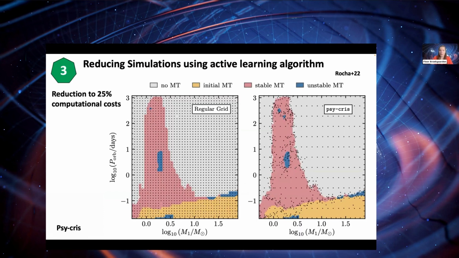Now, more work to speed up our simulations is being done by Rocha et al. 2022, which I think was a very, very exciting paper, where they developed a new machine learning algorithm, Cycrise, to use fewer simulation points, shown here with black dots, to get the same outcome, or the same stellar evolution computation, here shown with these different colors, as with the larger grid.